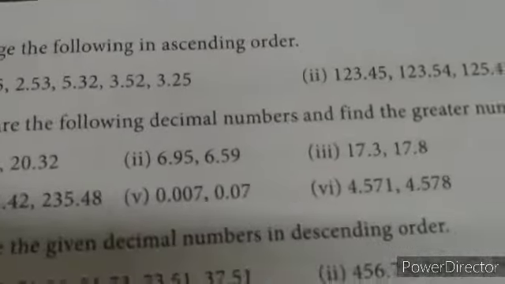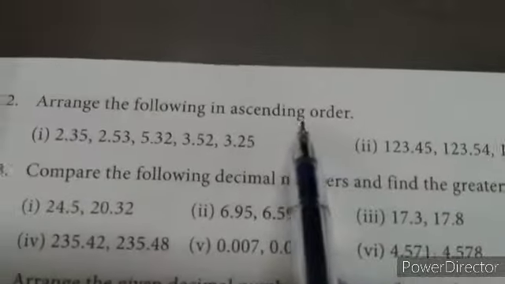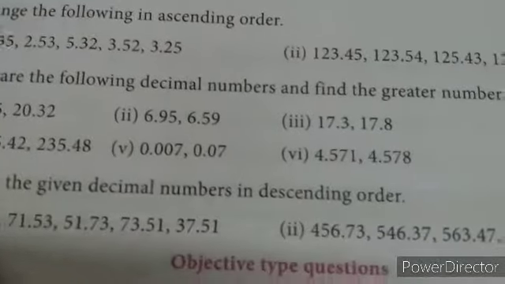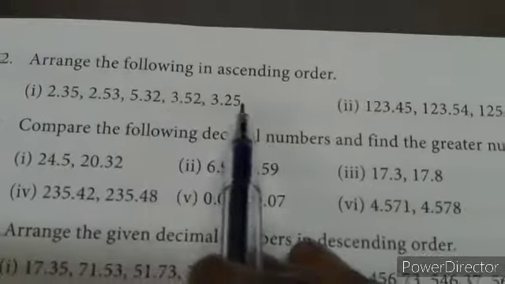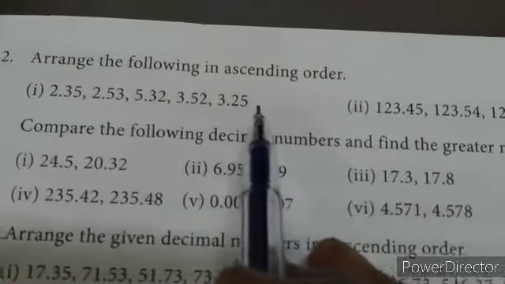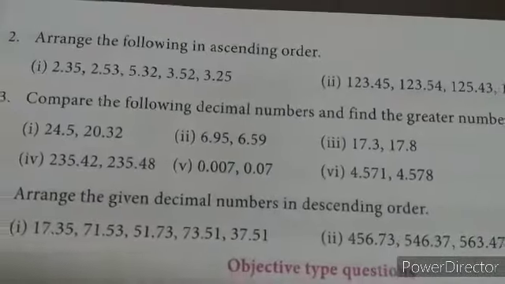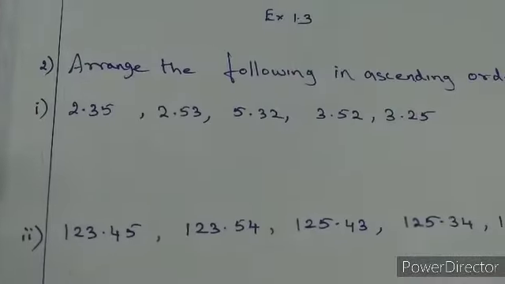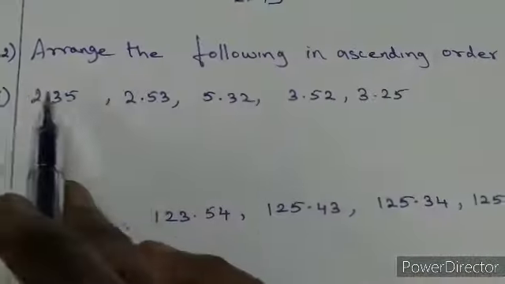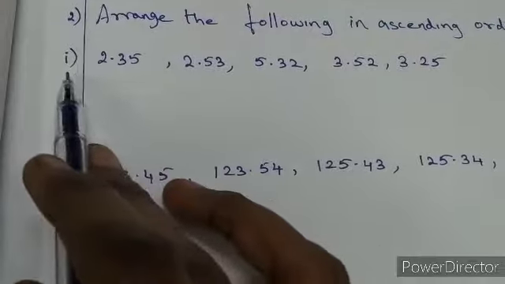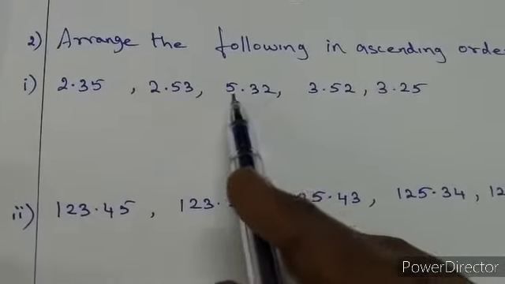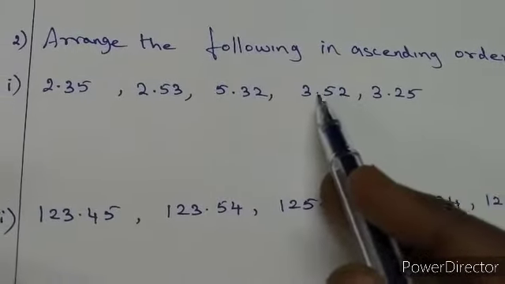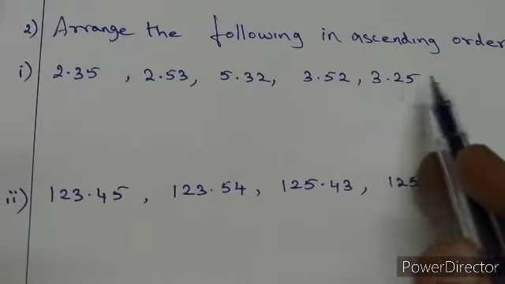And question number 2, arrange the following in ascending order. Here also you have to compare the whole numbers first and then move to the decimal part. Let's try the sum in your classwork note. Exercise 1.3. First is question 2.35, 2.53, 5.32, 3.52, 3.25.